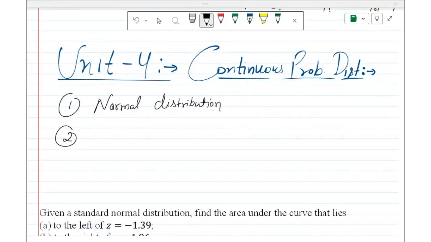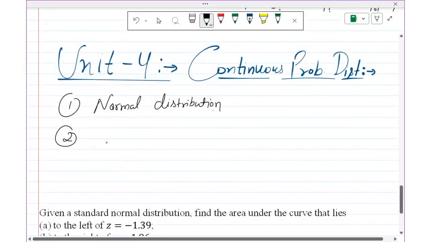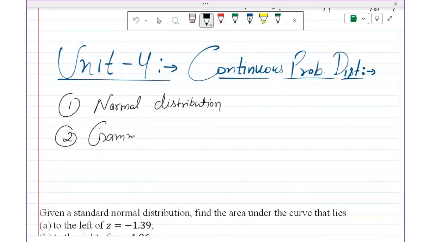Gamma distribution, and the special case of gamma distribution is exponential distribution. So this chapter is easier as compared to chapter 3.